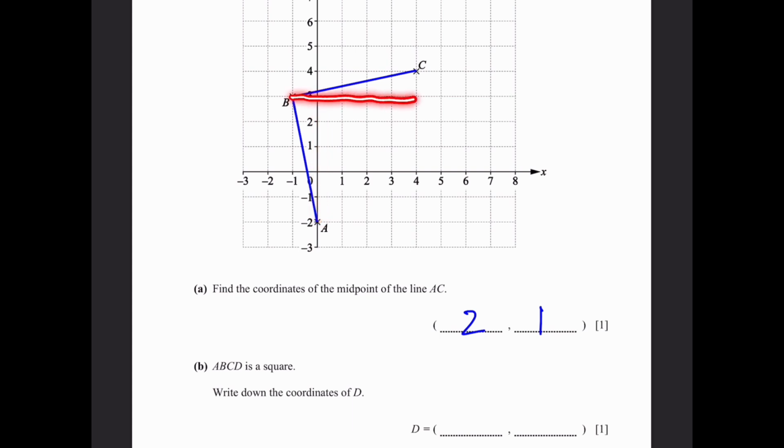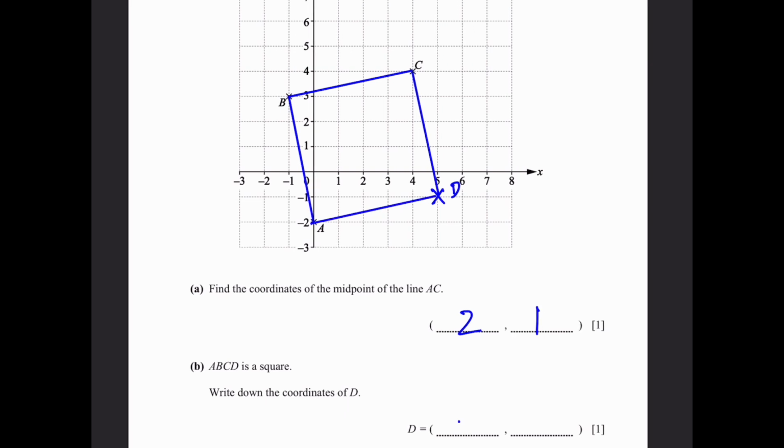BC has a 5 run and 1 rise on the y-axis. That means you get 5 down and 1 right, which means it's this point, which is point D, right there. And if you connect it, you can actually see that it makes a proper square. So D is equal to (5, -1).